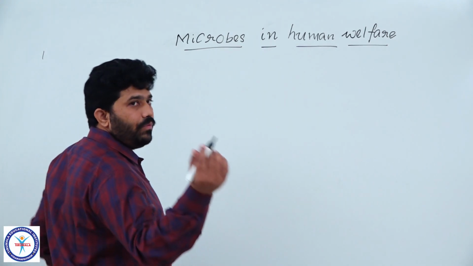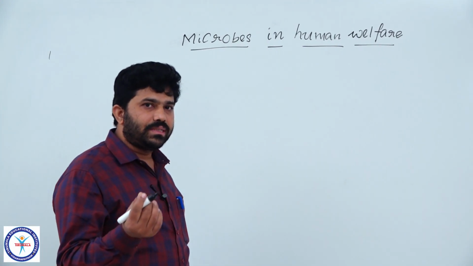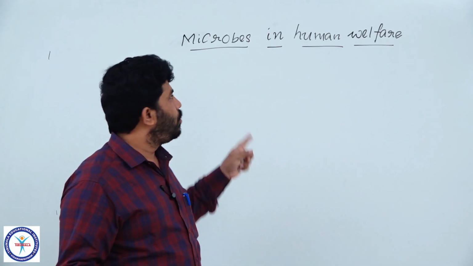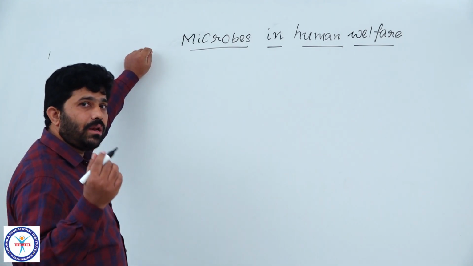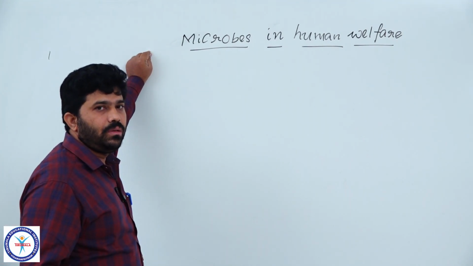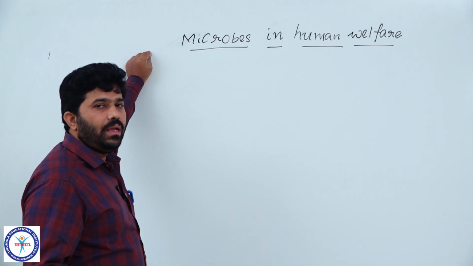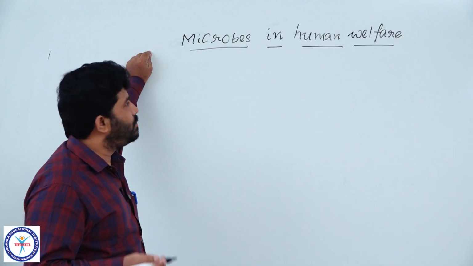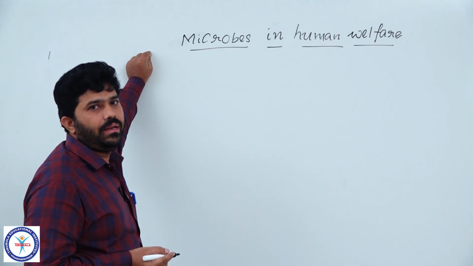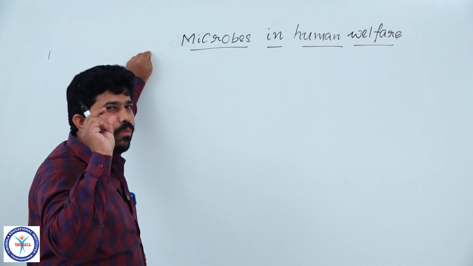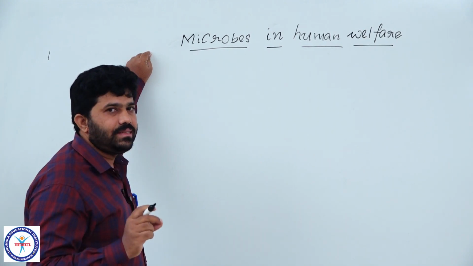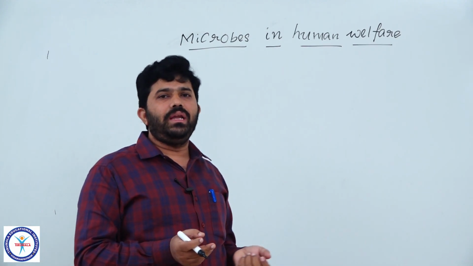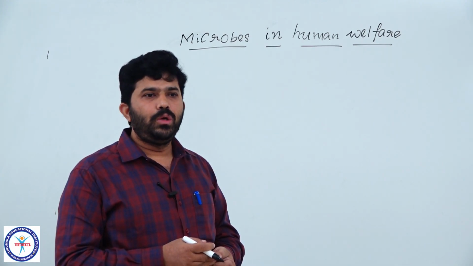So, microbes, you know very well. One more time, let us discuss what they actually are. Microbes are nothing but microorganisms. Besides macroscopic plants and animals, we also observe so many very small invisible particles on the earth. How do we see them?